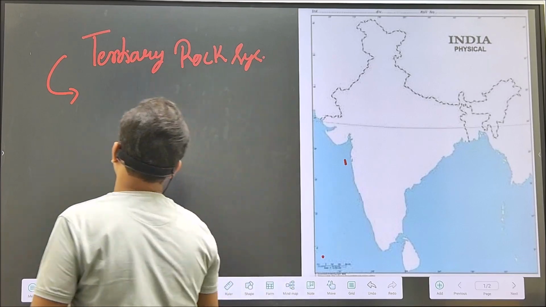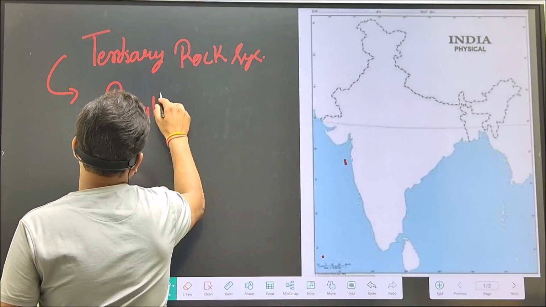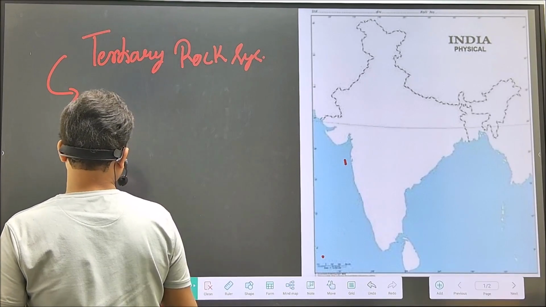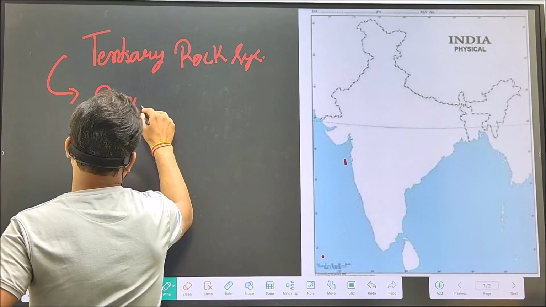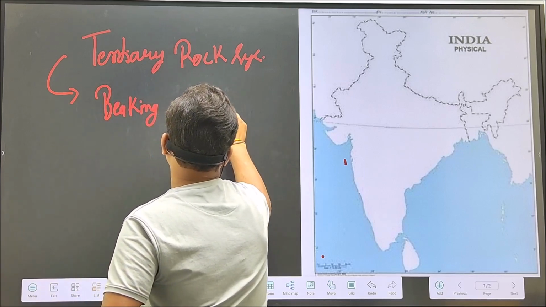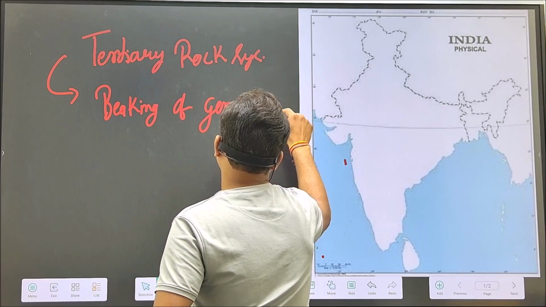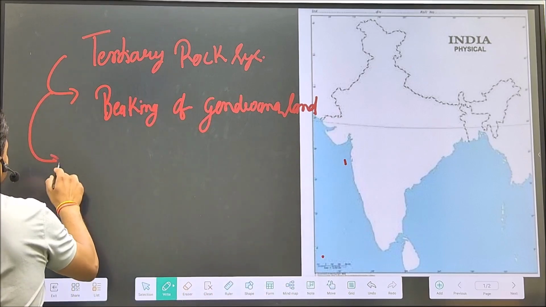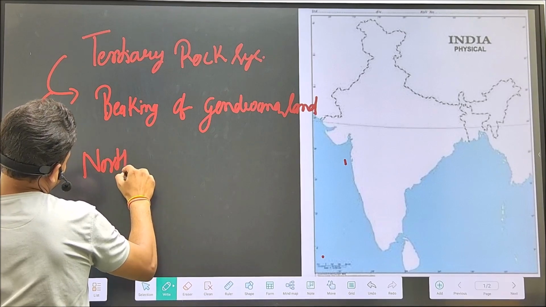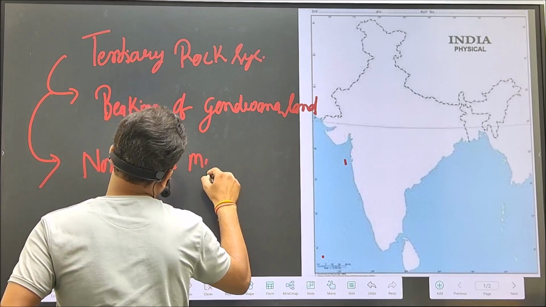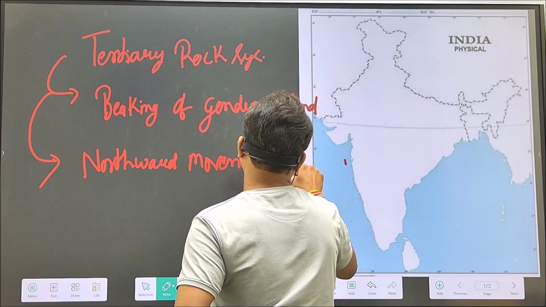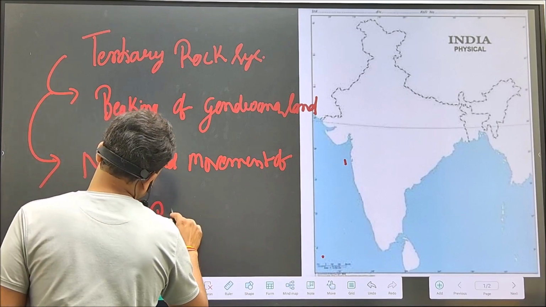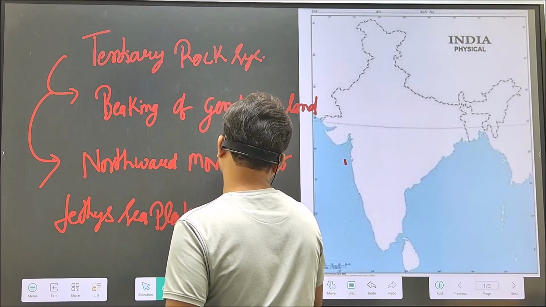So two important things. First is the breaking of Gondwana land, and second is the northward movement of the Tethys Sea plate and Indian plate.